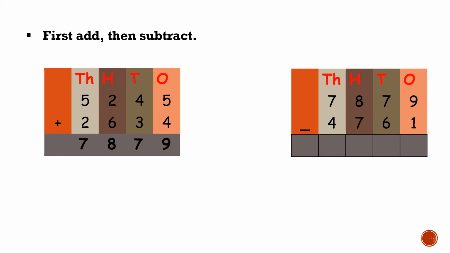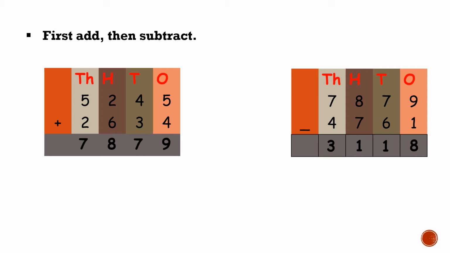So we can start the subtraction. 9 minus 1 is 8, in the tens column 7 minus 6 is equal to 1, hundreds column 8 minus 7 is equal to 1, and finally the thousands place digit, 7 minus 4 is equal to 3. Now we got the answer 3118. This is our final answer.